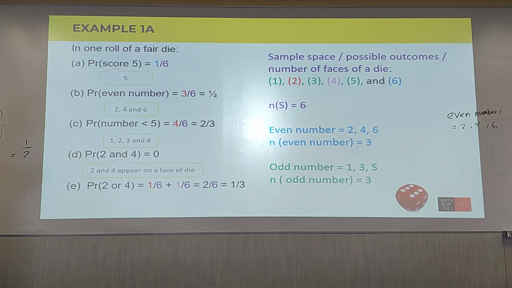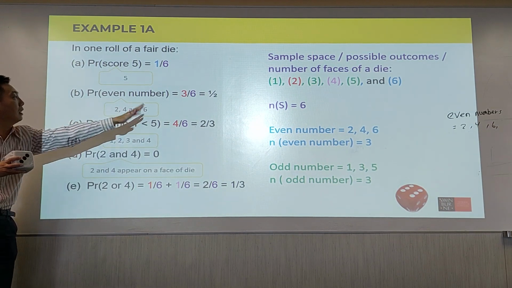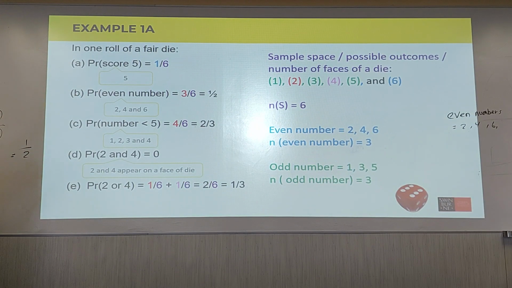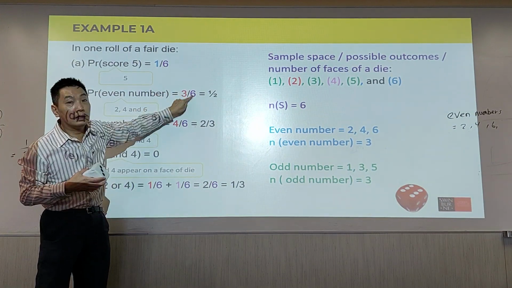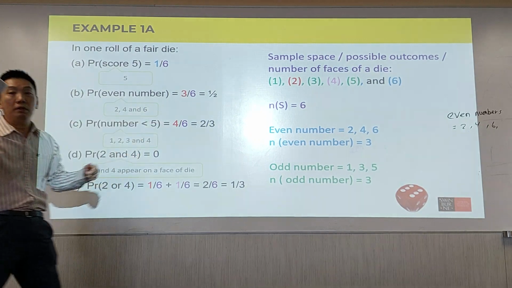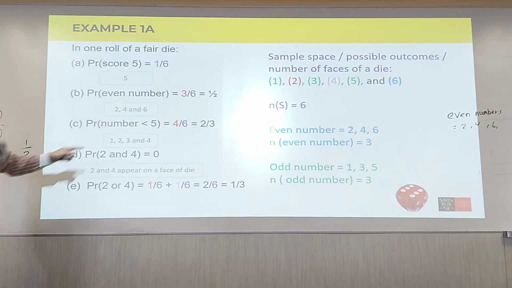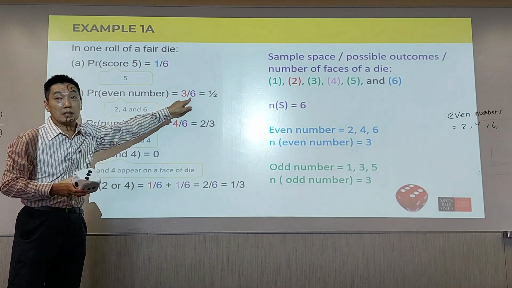Second question: what is the probability of getting an even number? Even numbers are 2, 4, 6, and also 8. At first you have to decide the denominator. The object is a die, and a die consists of 6 faces, so here is 6.